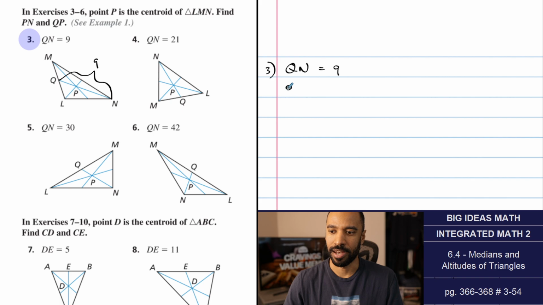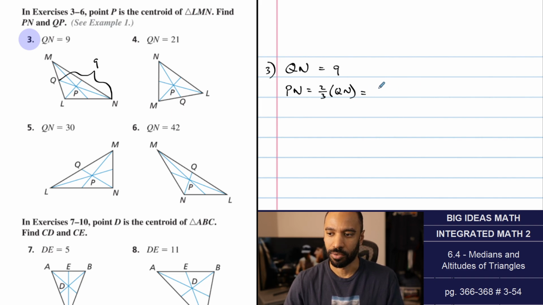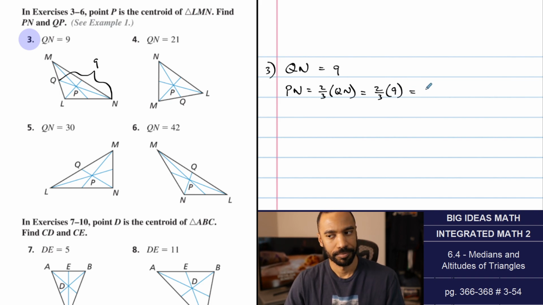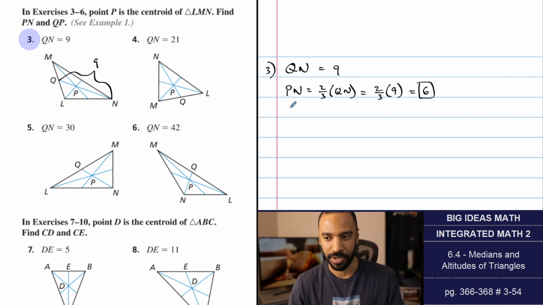So PN is 2/3 of QN, which is 2/3 of 9, which is 6. I don't know if I need to go into the calculation as to why that is. You might know that one. We'll do ones that are more dire if needed.